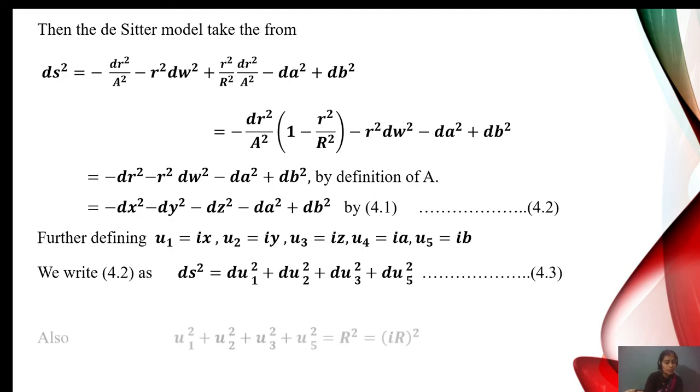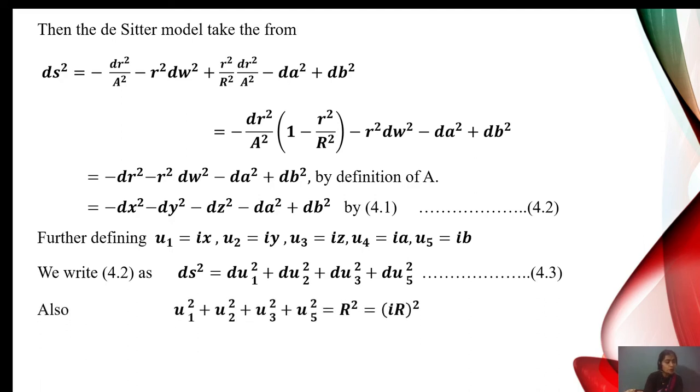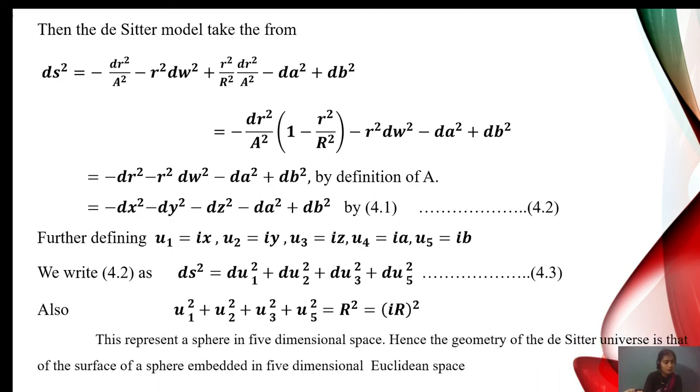The sum of squares of u1, u2, u3, u5, not u4, equals R square, also called i R square. This represents a sphere in 5-dimensional space. Hence the geometry of the de Sitter universe is a surface, a sphere in 5-dimensional Euclidean space.